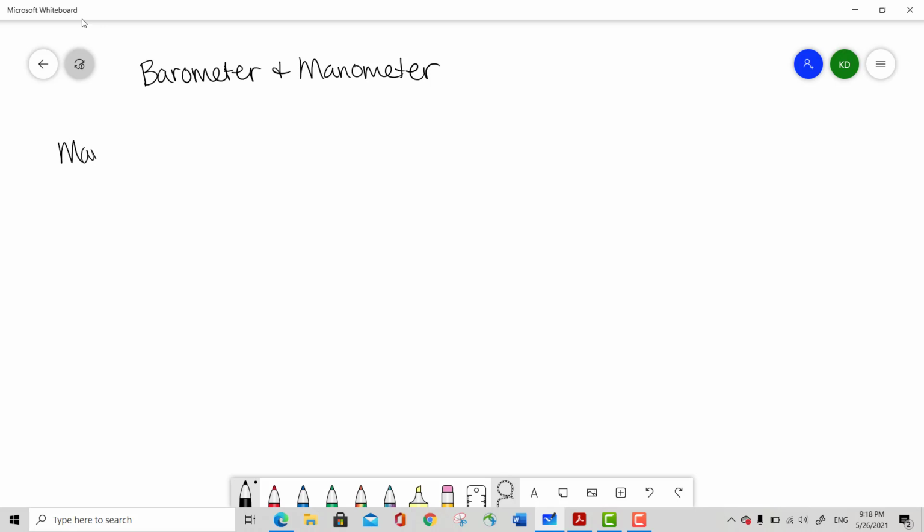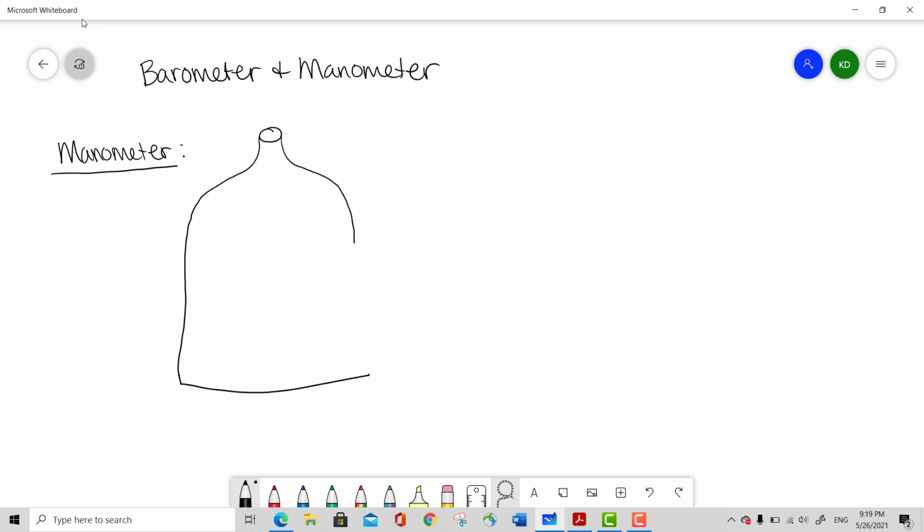So we have a manometer, and it looks like this. If you remember from the lecture video, I went over how the pressure works a little bit in this. So this is how you'll actually use it to solve.